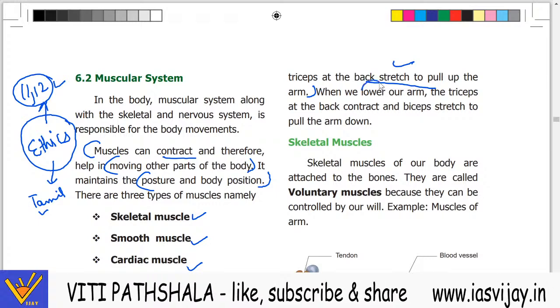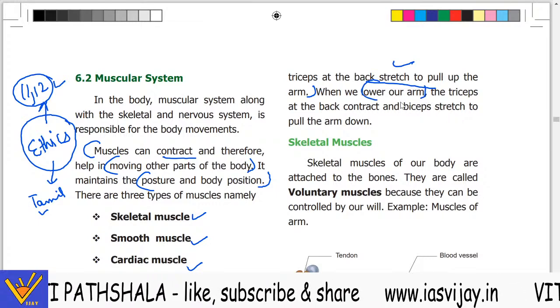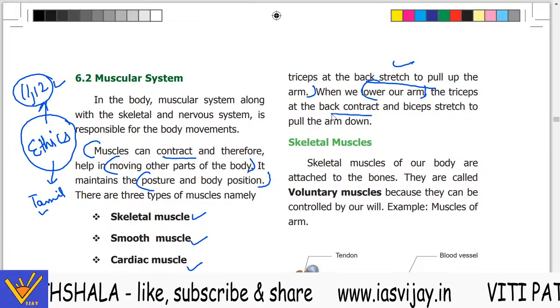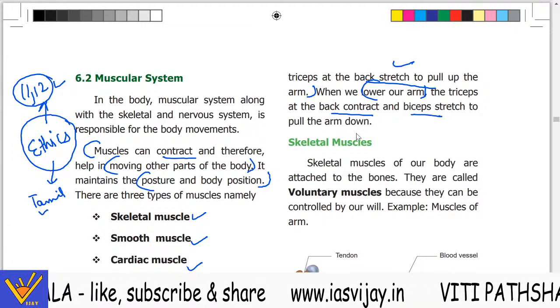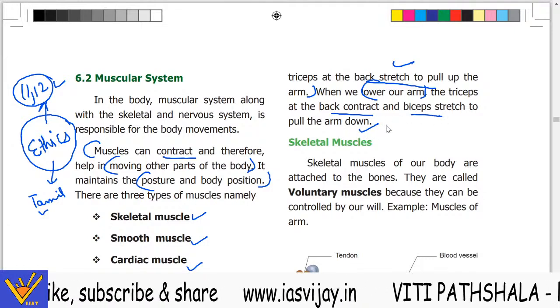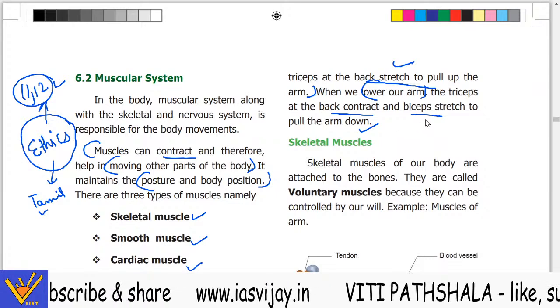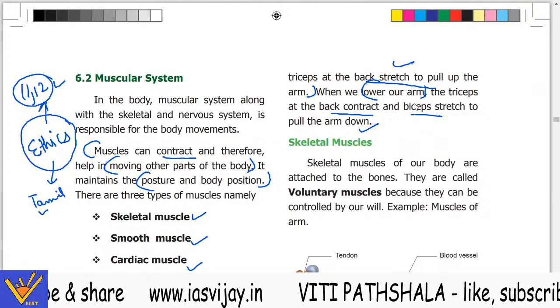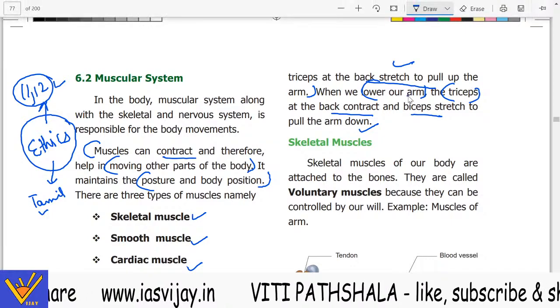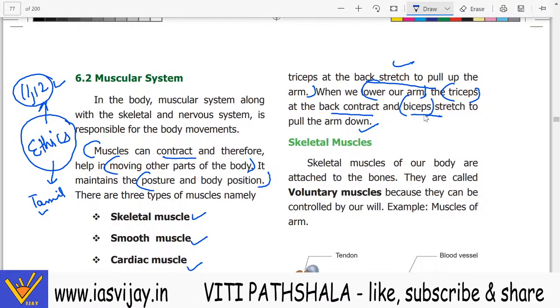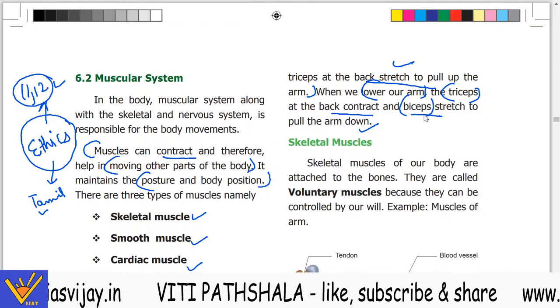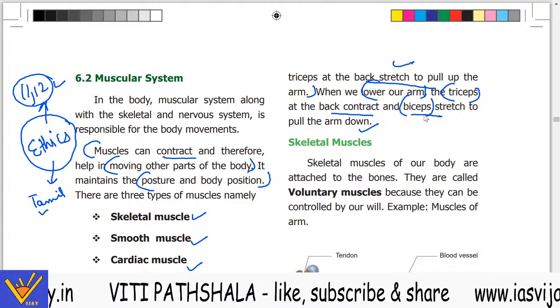Now when we lower our arm, the triceps at the back contract and the biceps stretch to pull the arm down. Now those people who go to the gym know what the triceps and biceps are. They know which exercise is suitable for biceps building and which is suitable for triceps building.